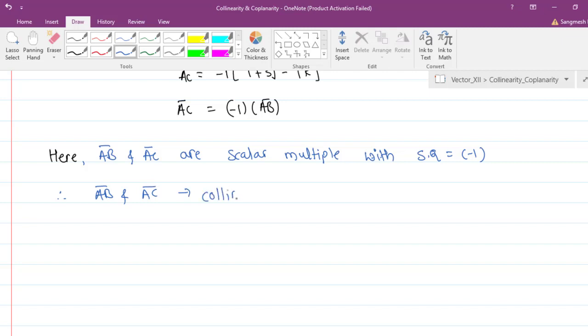Now if AB bar and AC bar are collinear, then the points whose position vectors these are become collinear. Therefore, the points A, B and C are collinear. I hope it is clear now. Is it okay? Very good.